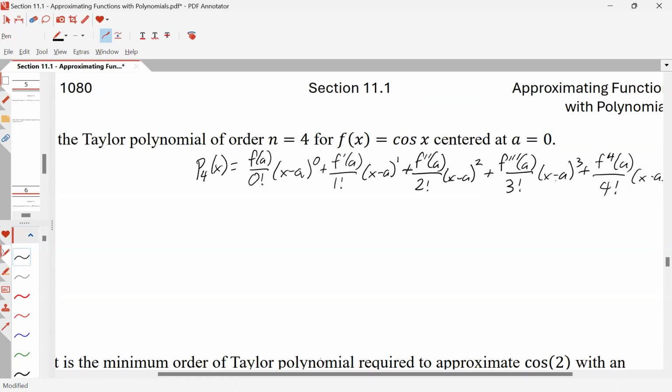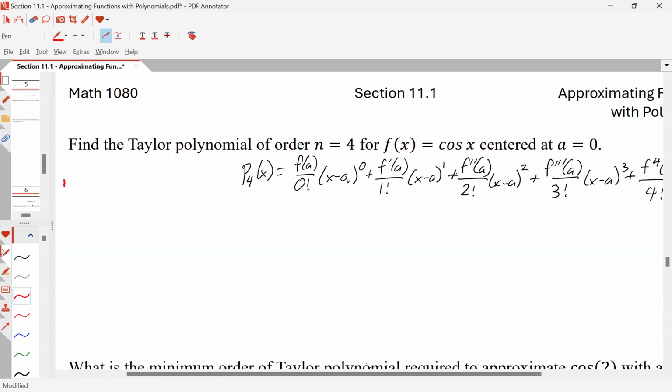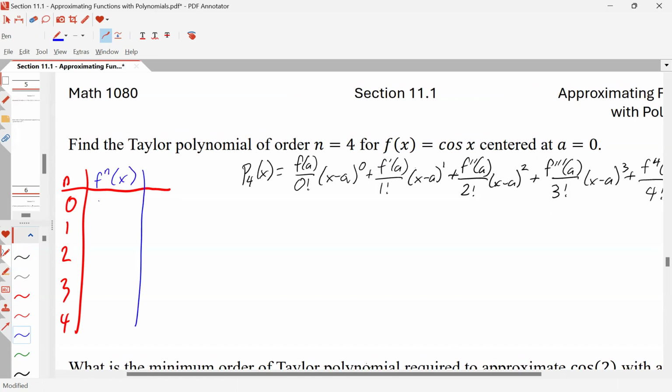The a's are all zeros, but for the function part, we have n from 0, 1, 2, 3, 4. Our function is cosine x. The derivative of cosine x is negative sine x. The derivative of negative sine x is negative cosine x.